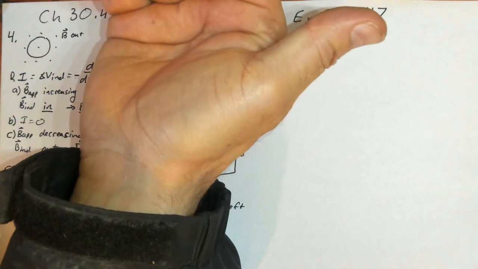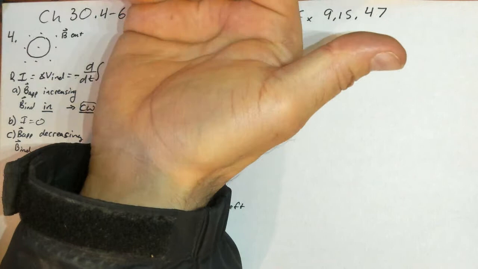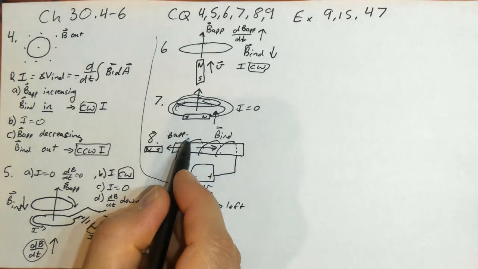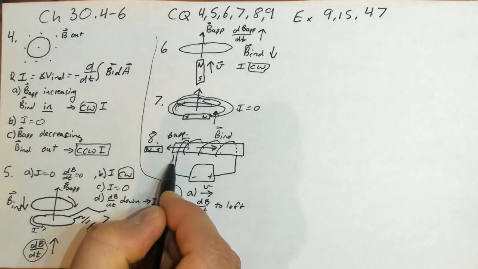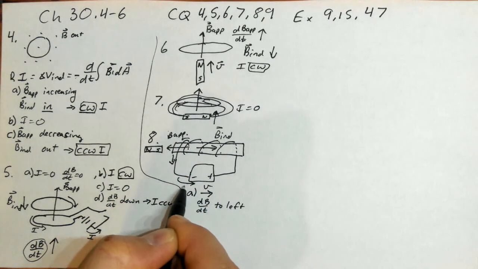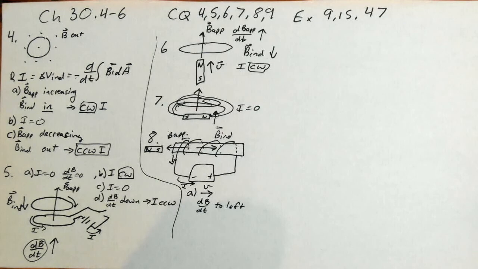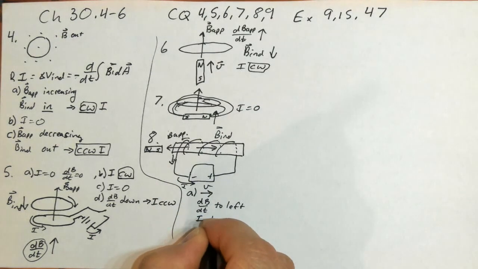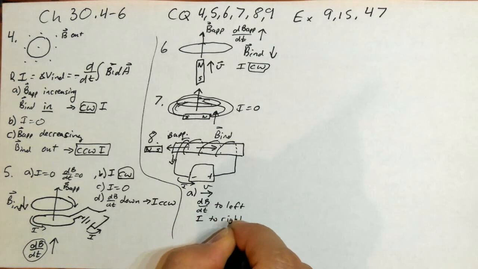We want a B field that way, so the current needs to flow out of the page at the top and into the page at the bottom. So it's flowing out here and in, which means it's going to flow that way. So for case A, we're going to get current that flows from left to right.